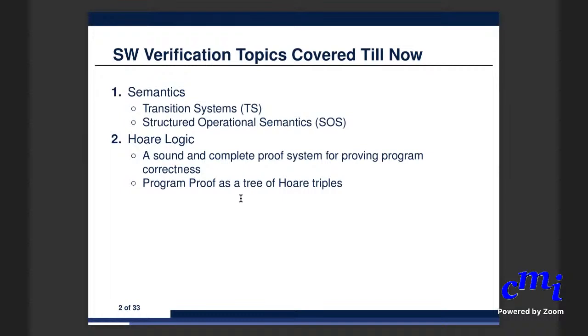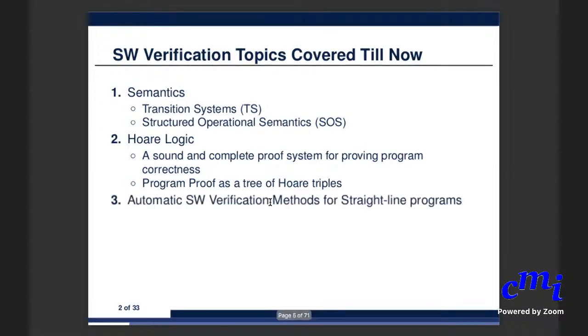Then we saw how to construct a proof using the inference rules of Hoare logic as a tree of Hoare triples, where each Hoare triple was derived from the previous set of assumptions by instantiating the inference rules. Then we were looking at some automatic software verification methods. Specifically, we started with straight line programs.